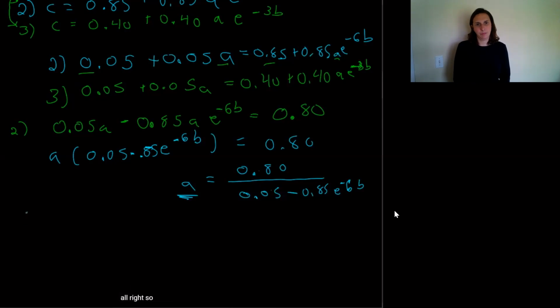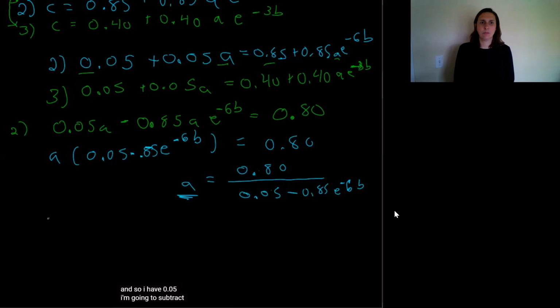All right, so let's see here. There's equation 3, so I'll go back to green. And so I have 0.05.